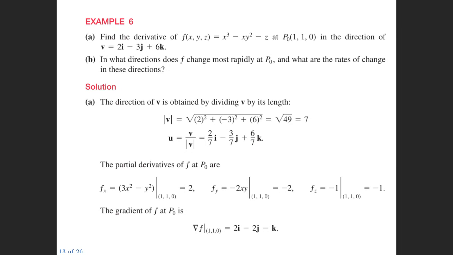So to answer part A, first we need the direction of v. In other words, first we need a unit vector which points in the same direction as v. So here we're going to be using u equals 2 over 7 i minus 3 over 7 j plus 6 over 7 k.